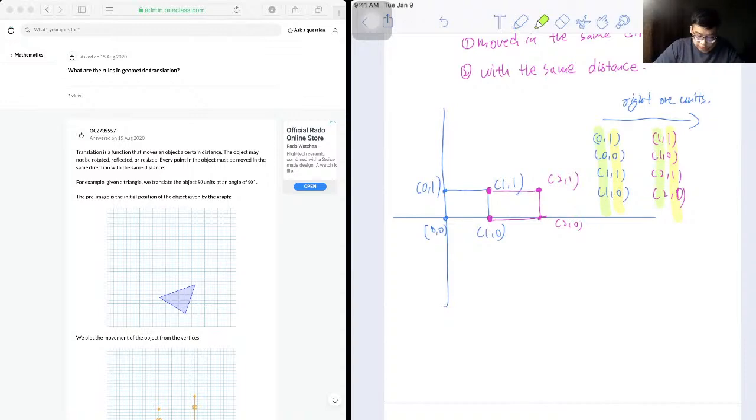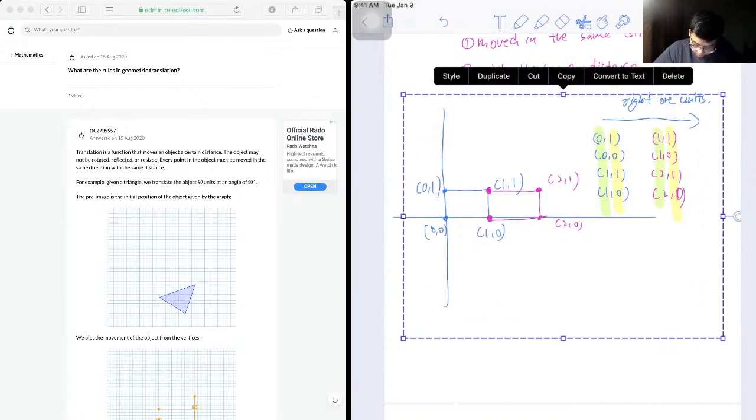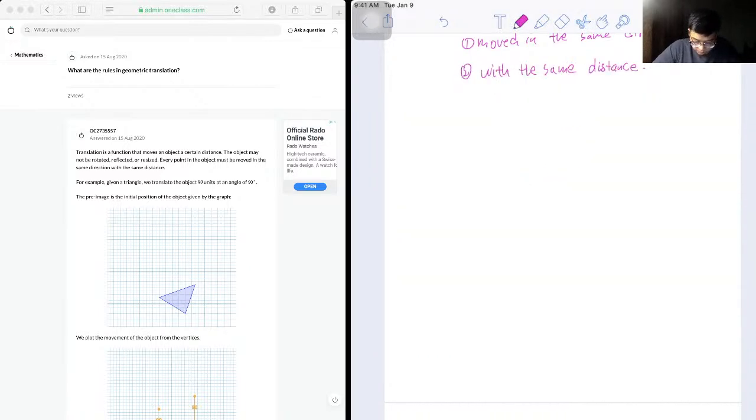So now let's do a little summary. If we want to move up, let's say k points, we need to add k to the y coordinate.